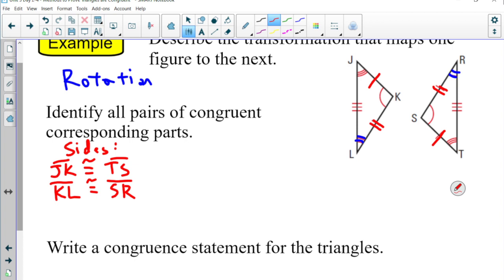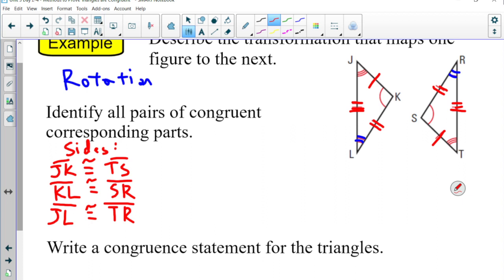And then finally, that leaves J to L matching up with T to R. So those are the 3 pairs of sides that match up and have to be congruent.